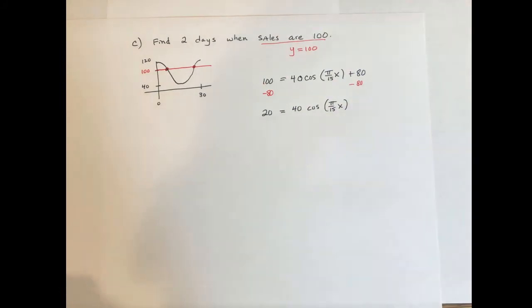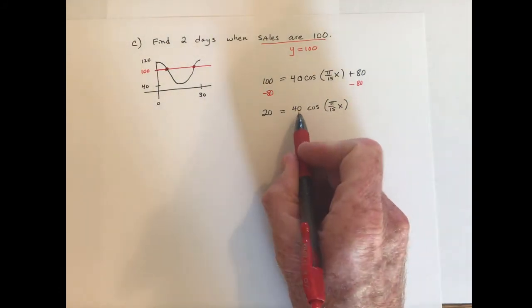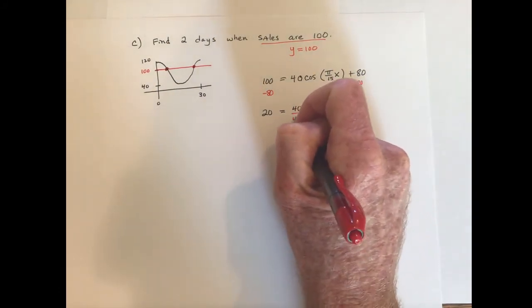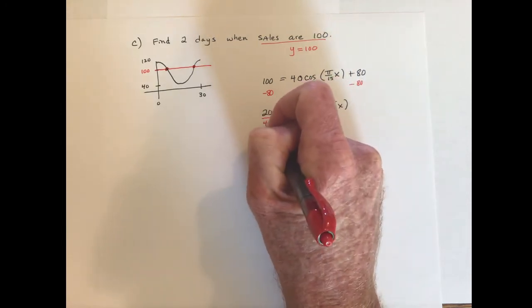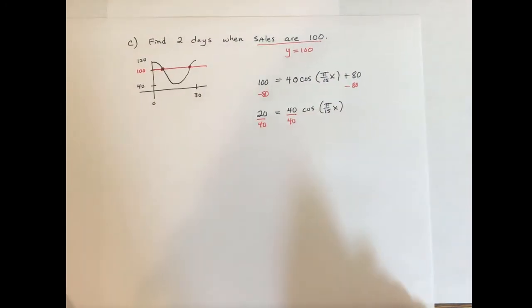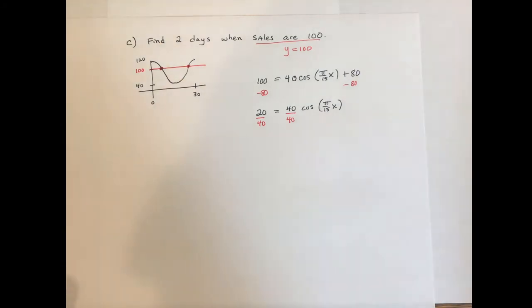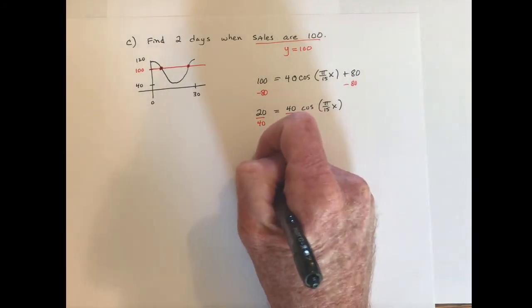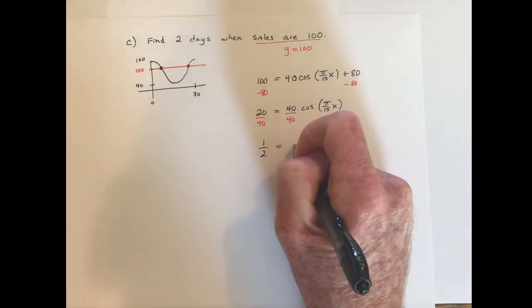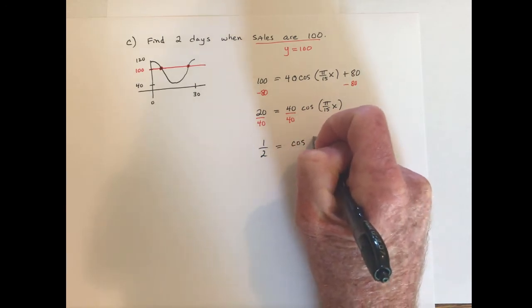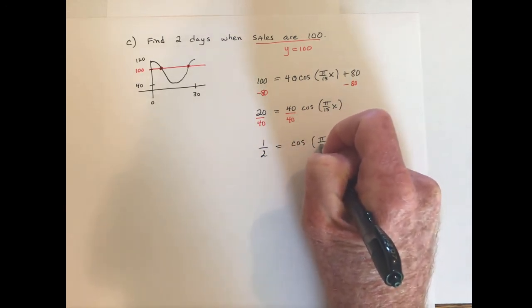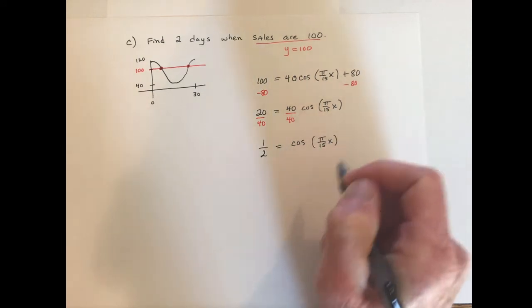The next thing to do is remove this 40 right here by dividing. And just so happens that on the left side it could be reduced. 20 divided by 40 is 1/2. Not that I really need to reduce it, because the next step is I'm going to be doing cosine inverse anyway.